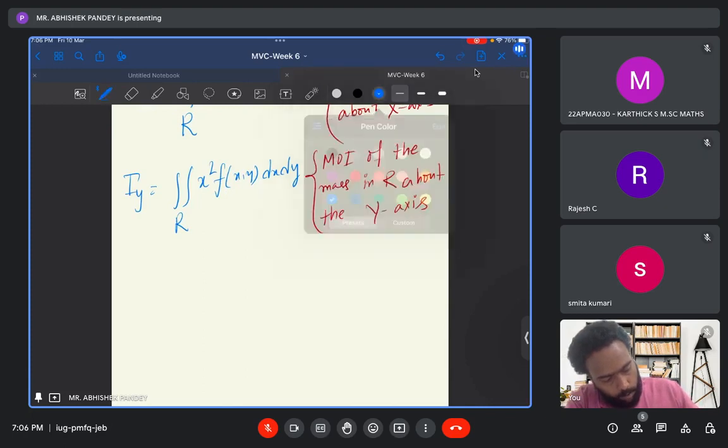So these are basically the properties of the double integral, what it says in which case.